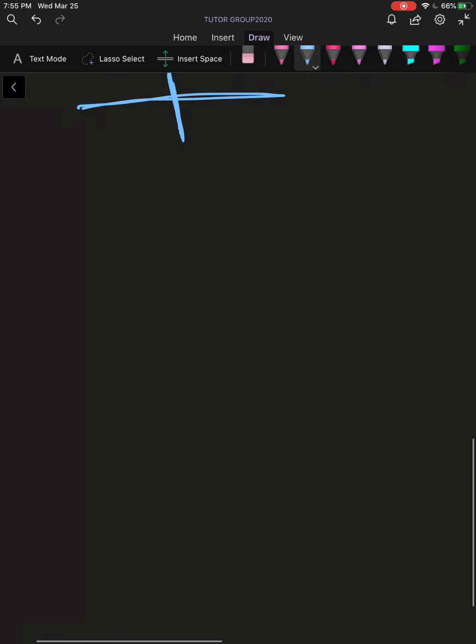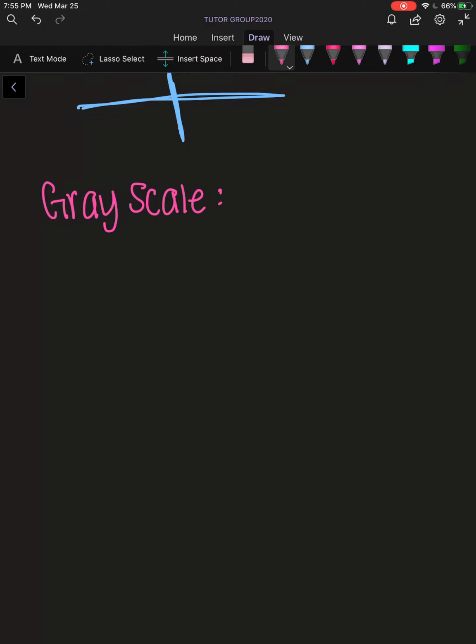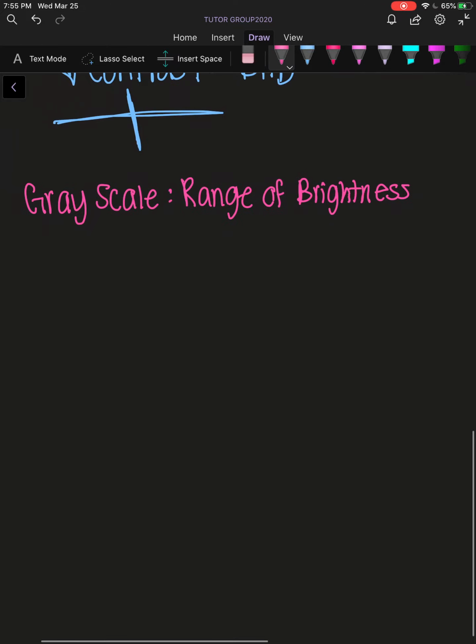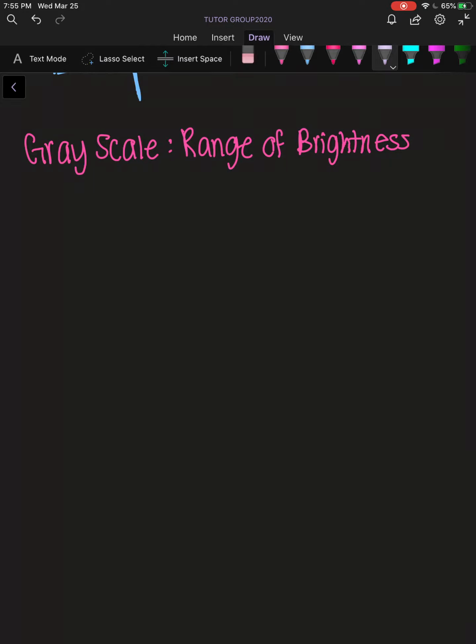And now we're also going to talk about the grayscale. The grayscale is completely opposite of contrast. The grayscale is going to be a range of brightness. Now, with the grayscale, you need to know that the grayscale is just all the different shades of gray that could be in an image. This is very, very important.